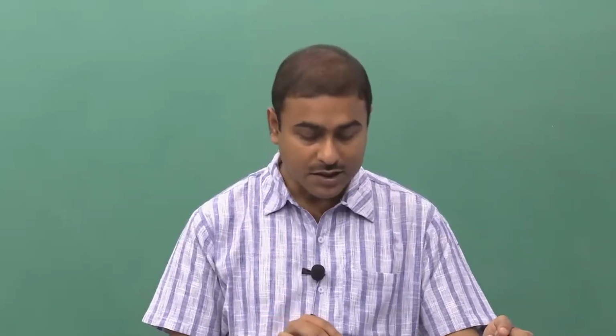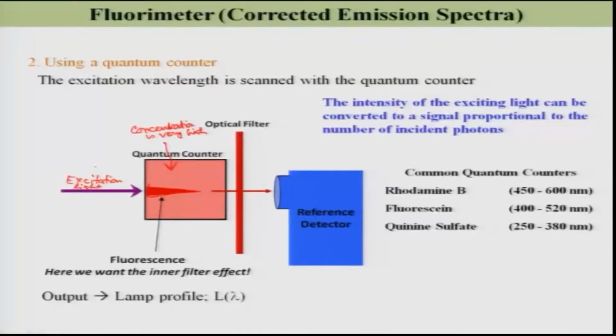Now, if you scan the excitation light wavelength, that means lambda excitation, what is the allowed region of the scanning? The allowed region of the scanning is the same as the absorption spectra of the molecule that you have taken in this case.